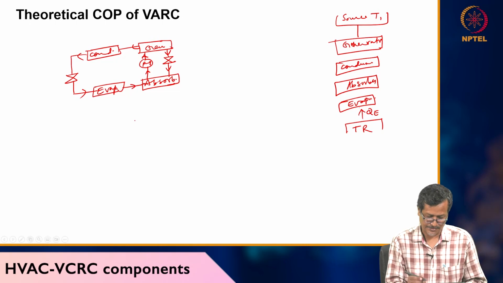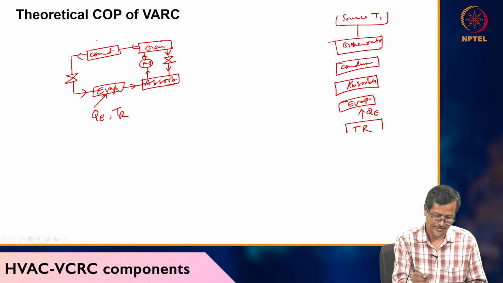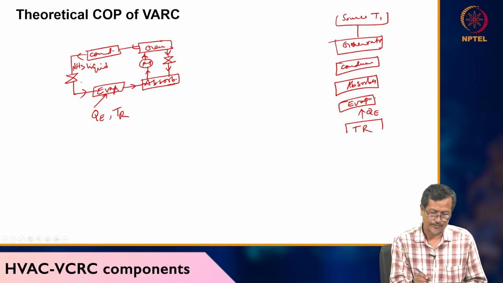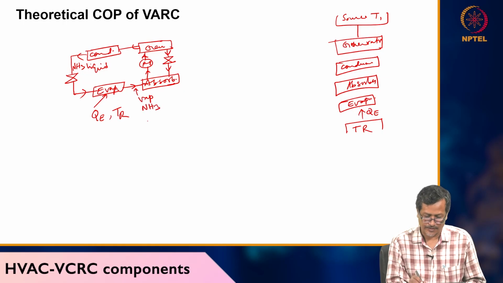The evaporator is taking heat QE at temperature TR, the refrigeration temperature. Let's say ammonia is circulating, and ammonia liquid is here after condensation. After throttling, ammonia will be absorbing heat and creating ammonia vapor.